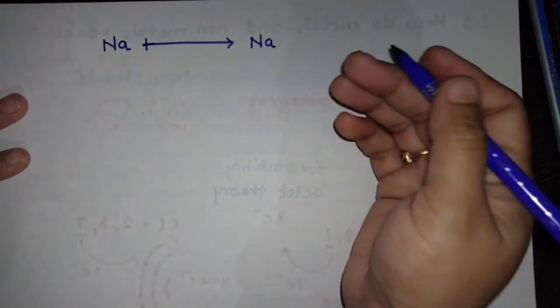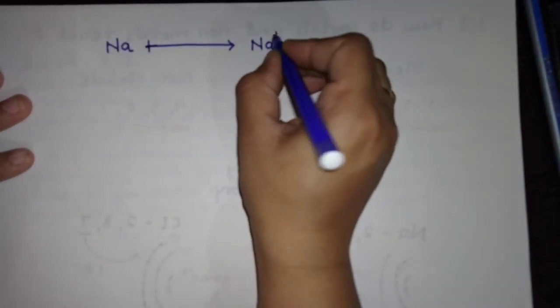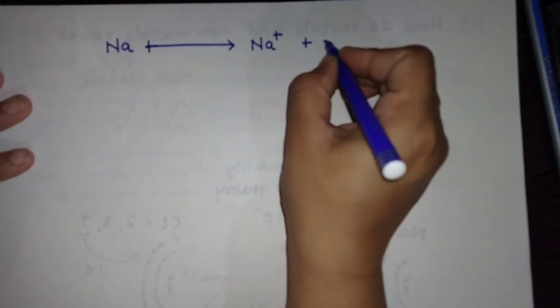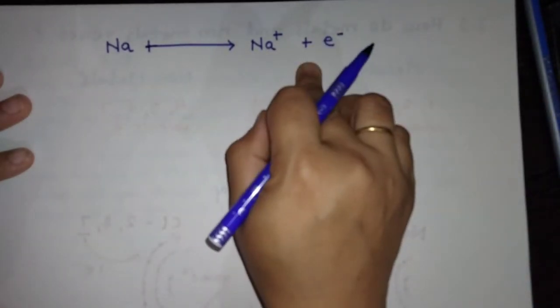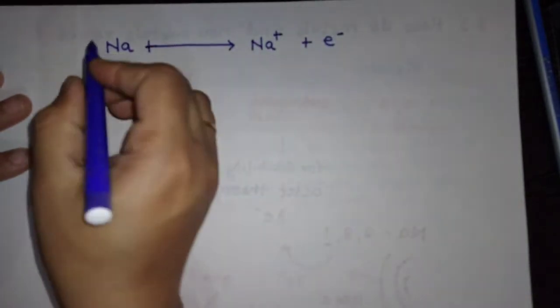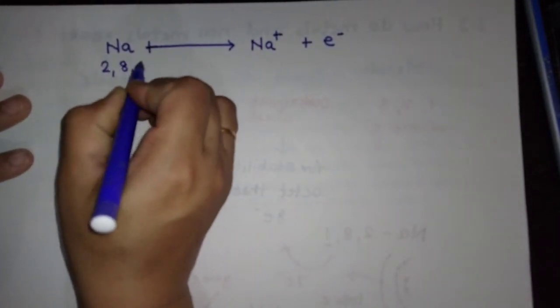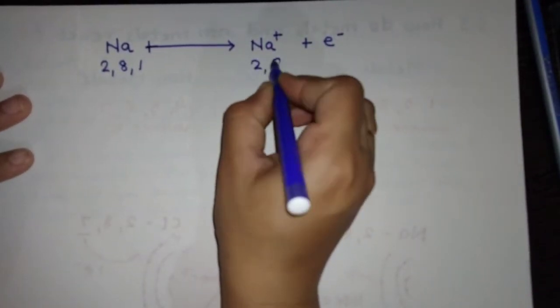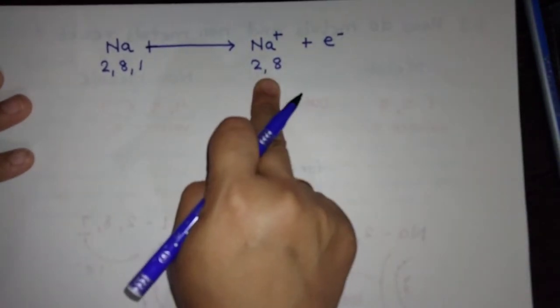For gaining stability, sodium will lose the electron. Sodium minus an electron: basically it has lost the electron to become stable. It was 2, 8, 1 at this stage, now it becomes 2, 8. So it is stable with 8 electrons.